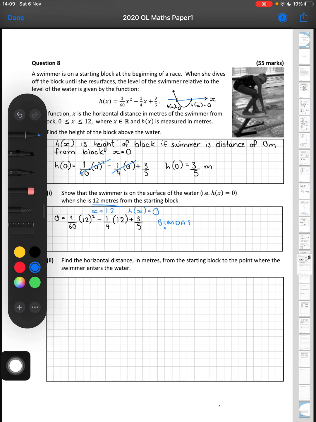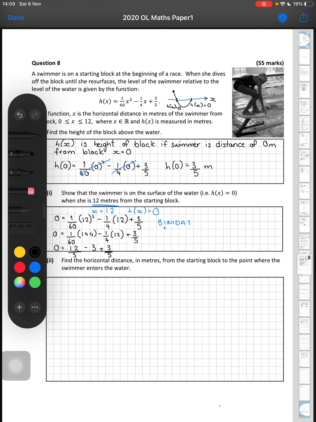I'm going to do this out with BIMDAS, just in case I've done something wrong, so maybe I'll get some marks somewhere. With BIMDAS, I can't simplify inside my brackets, but I can do my indices, so I can look at that squared number first. So 0 is 1 over 60 times 12 squared, which is 144, minus 1 over 4 times 12, plus 3 over 5.